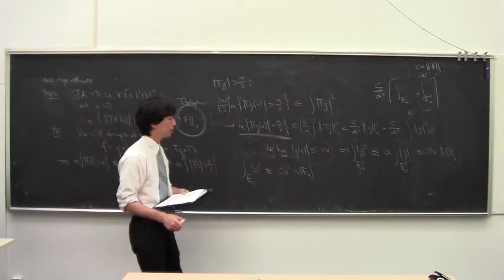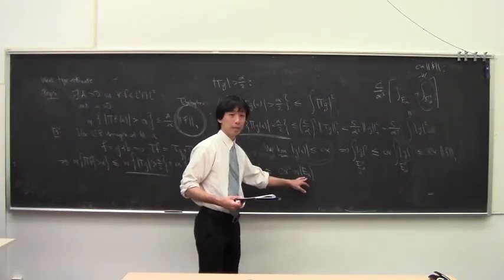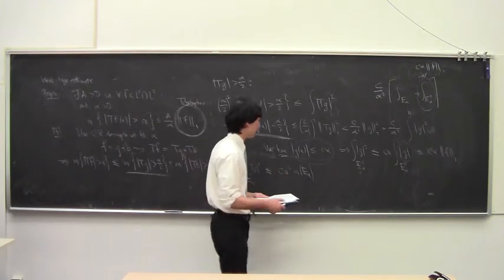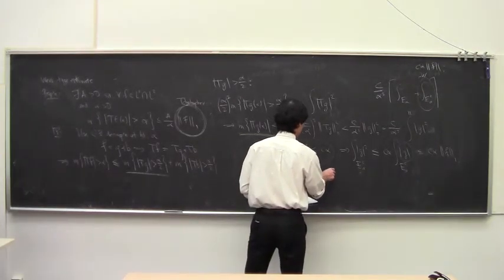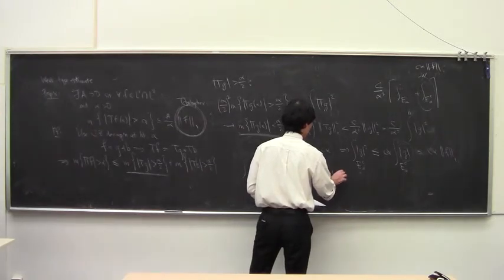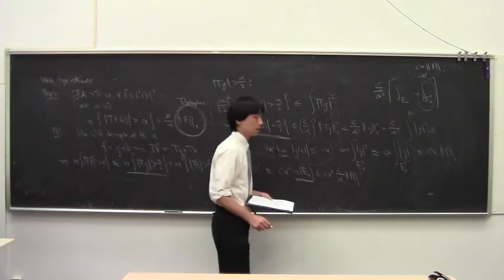But what's the measure of E alpha? E alpha is where the Hardy-Littlewood maximal operator is greater than alpha, and we have the weak type estimate for the Hardy-Littlewood maximal operator. So the size of this thing is controlled by some constant over alpha times the L1 norm of f.